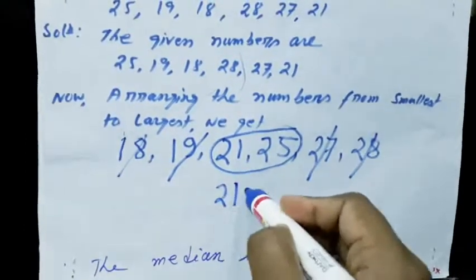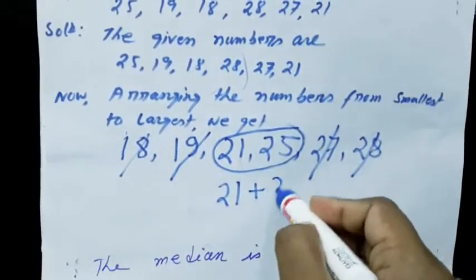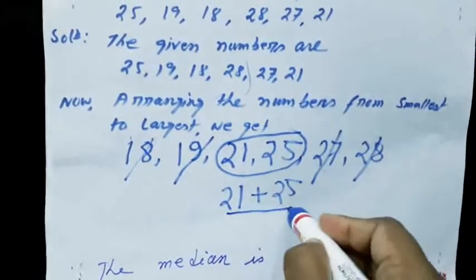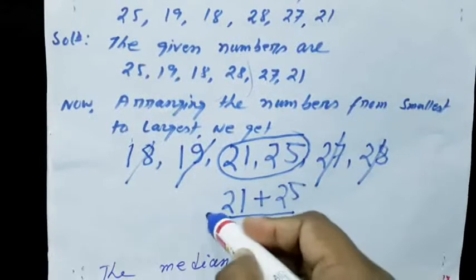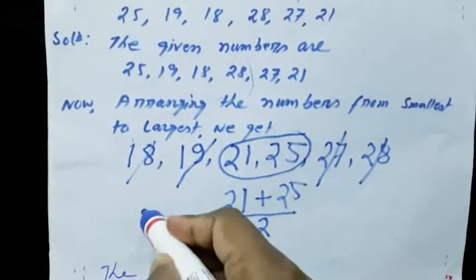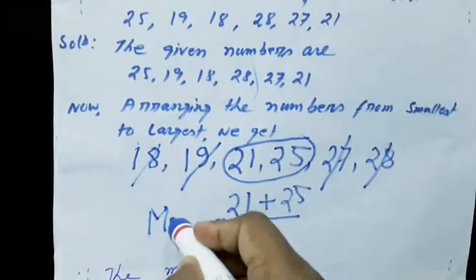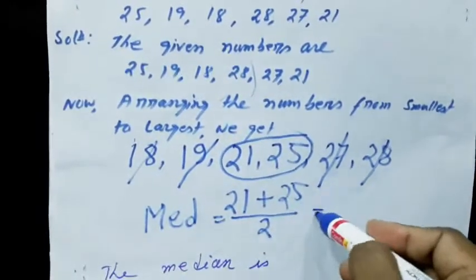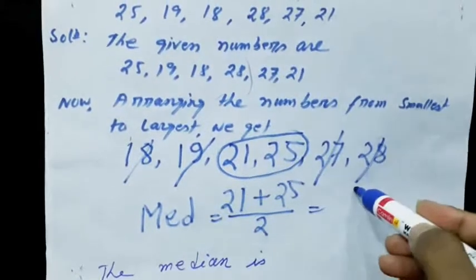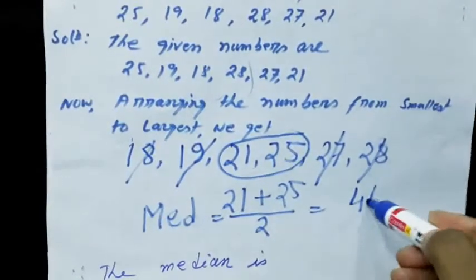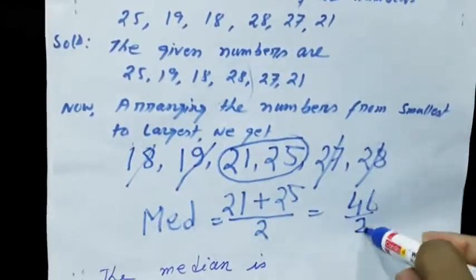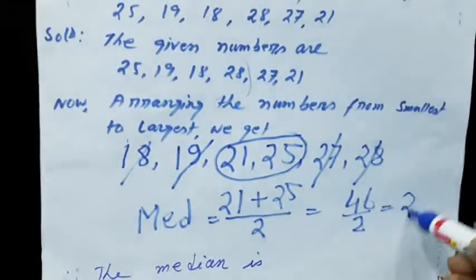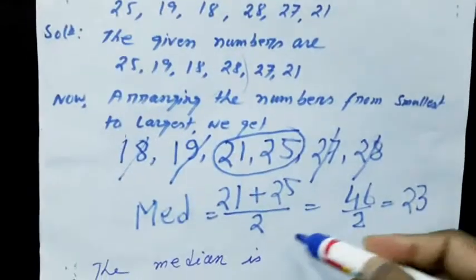21 plus 25 divided by 2. What is it? It is 46 by 2 equals 23.